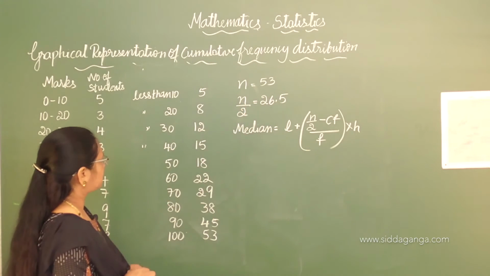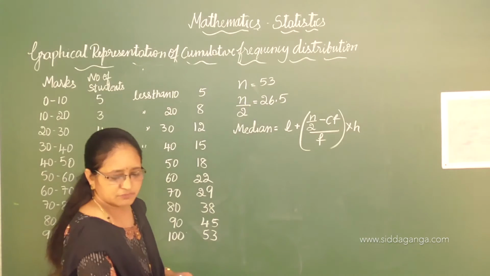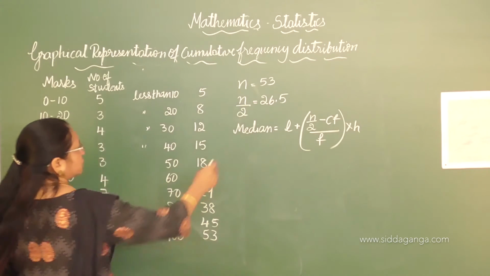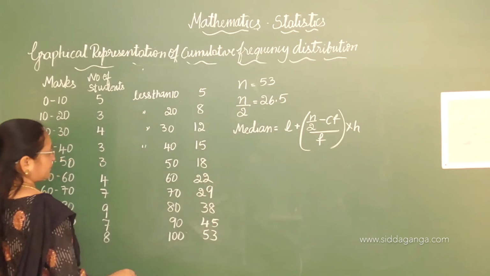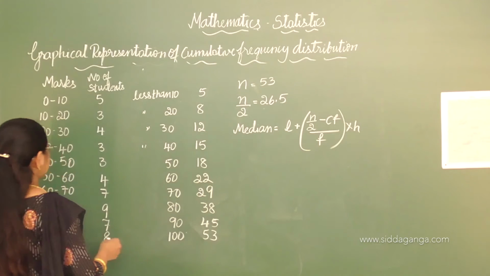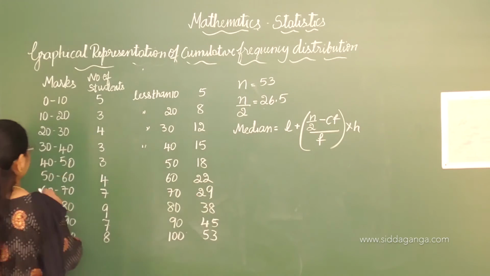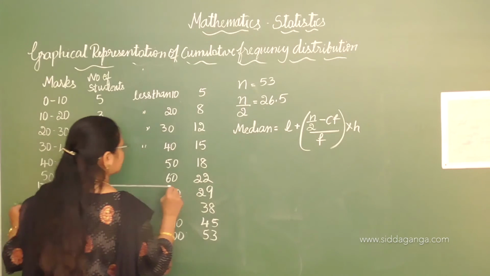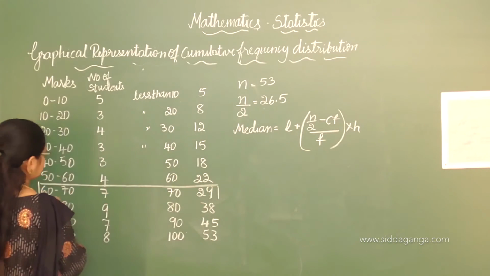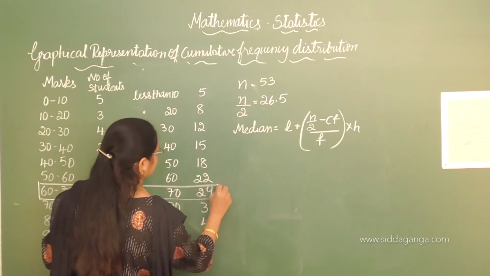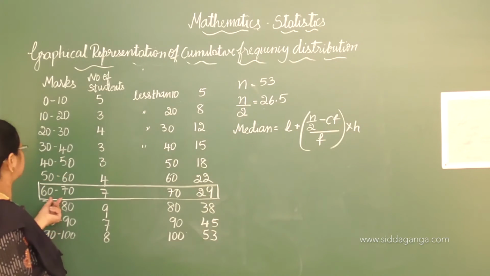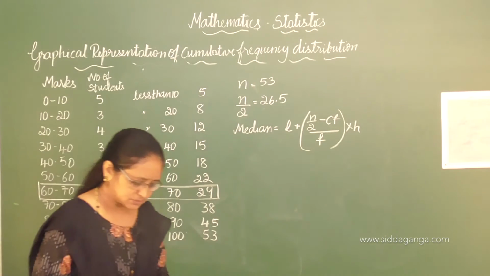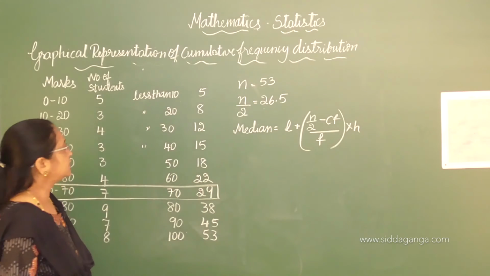We don't have 26.5, but a little greater than that is 29. So the corresponding median class is 60 to 70. 60 to 70 is the median class.